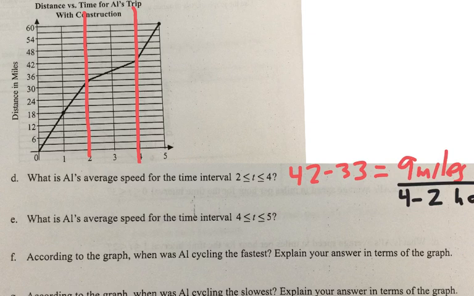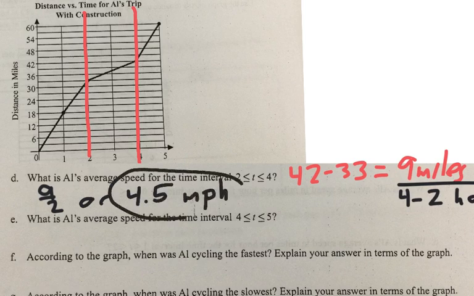So this would be 9 over 2, or 4.5 miles per hour, right? Not 4.5 hours. 4.5 miles per hour. Why did I write 6? Why did I do 6?